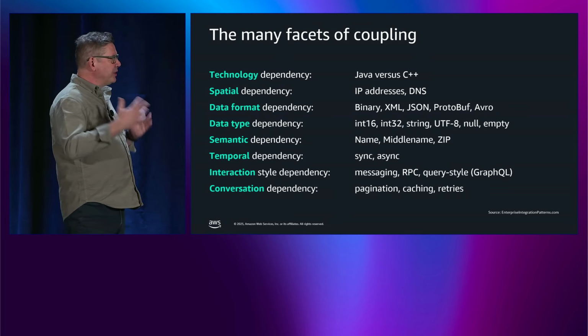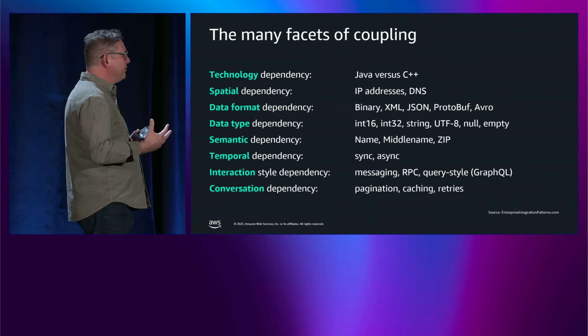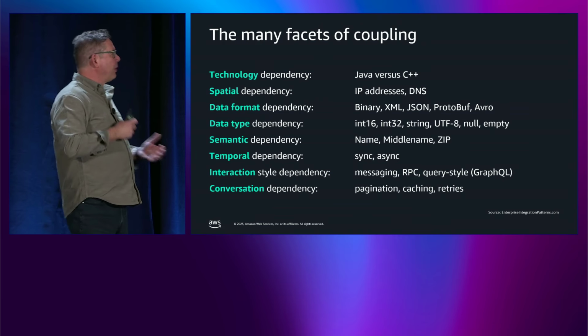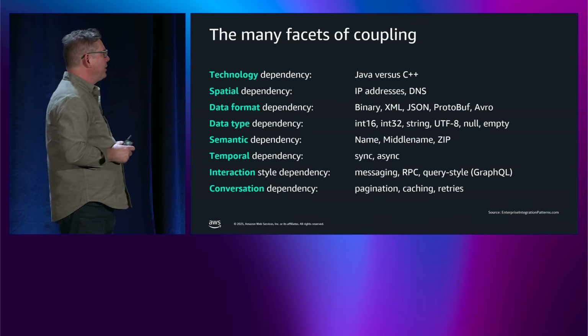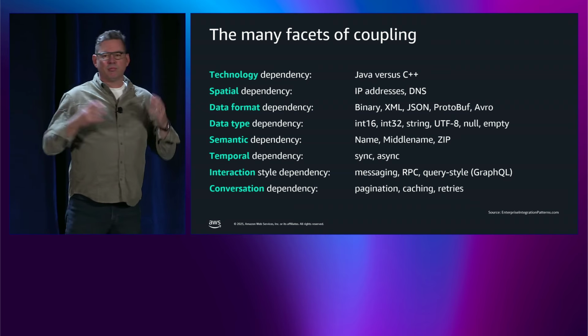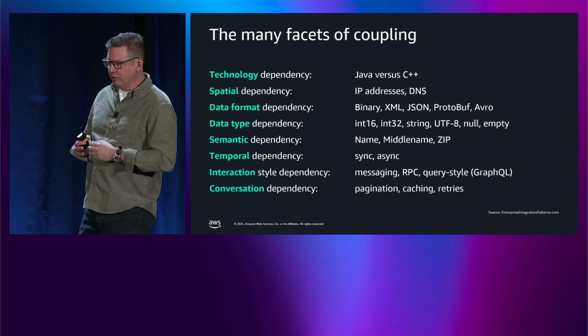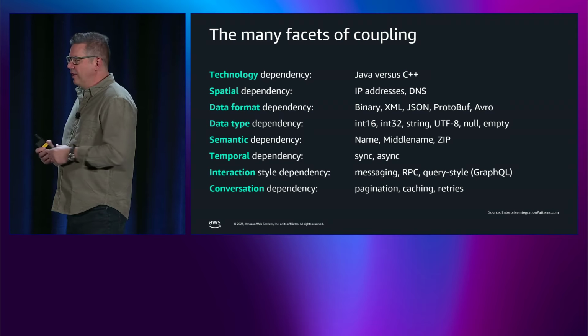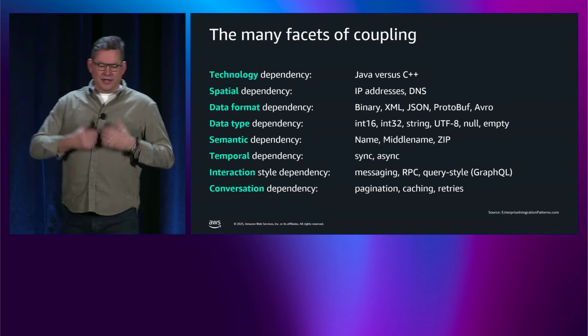We've got spatial dependencies around where do things live? Do we address them through IP addresses or DNS? What impact does that have on our applications? We look at things like temporal coupling, right? This is probably one of the biggest things that you're going to be dealing with from a serverless perspective because of our ability to deal with asynchronicity.